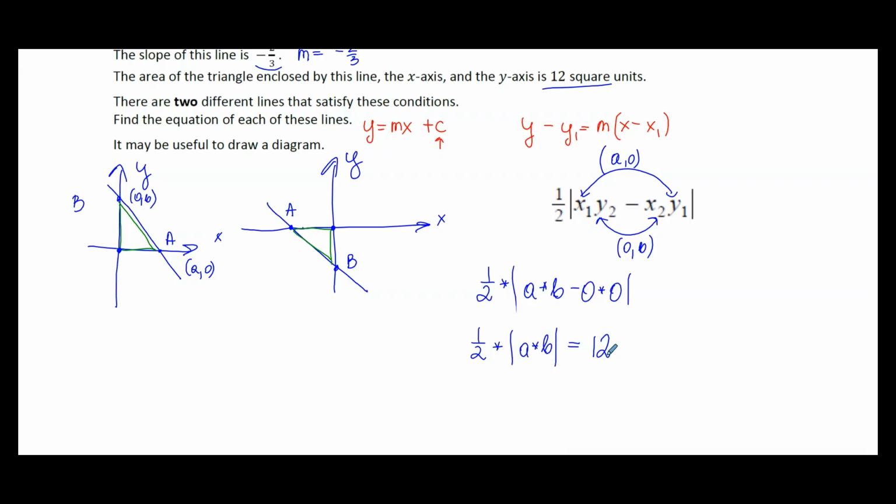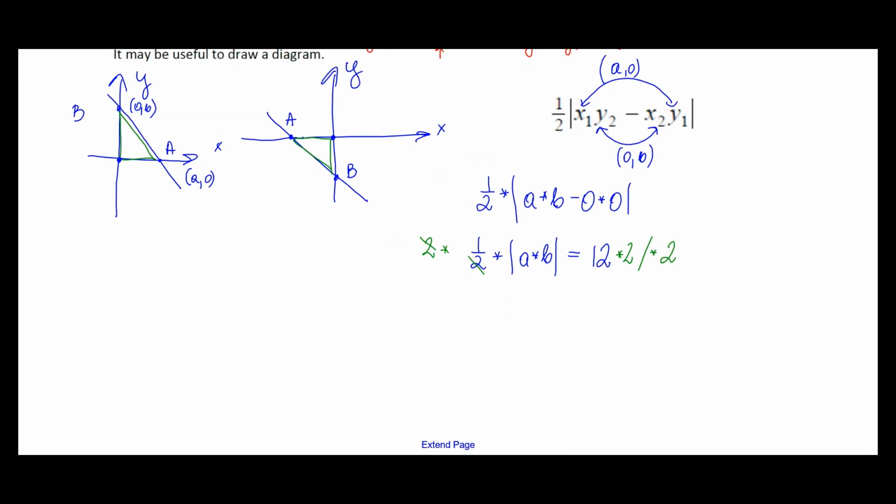Okay, so I'm saying, right, when I have the absolute value bracket, I can either use power of 2 or consider, especially if I have only one of them, consider two versions. Even to make that simpler, I can say, you know what, let's multiply both sides of the equation by 2 so that we eliminate the fraction. So that means that I am left with absolute value bracket AB equals 24.